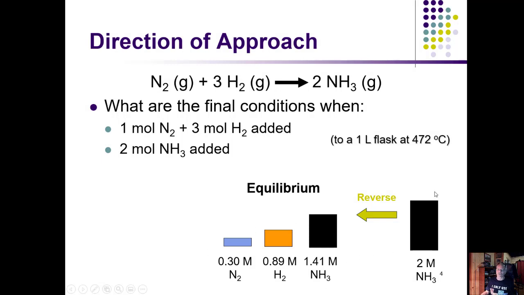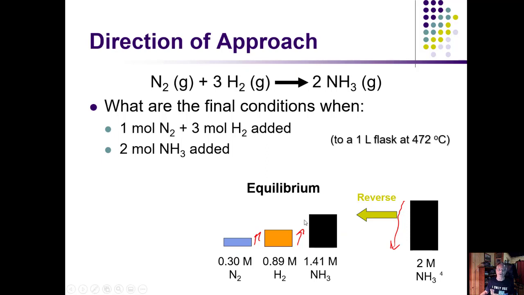The reaction simply starts from the reverse process, treating ammonia as a reactant, and this concentration starts to go down, and this concentration and this concentration start to go up. So we wind up with the same equilibrium concentrations.